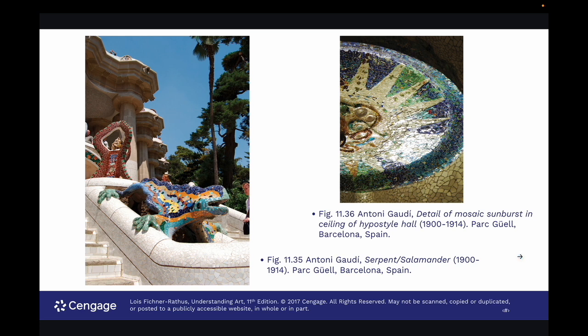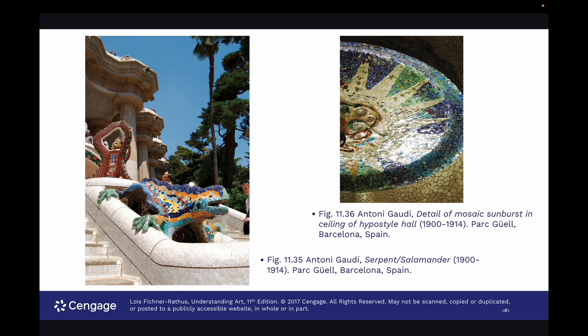This is an example of a site-specific art installation in Barcelona, Spain. Originally, the idea for this space was to create a small community. The idea was that it was going to be a suburb where people would live. There would be maybe markets and public spaces.